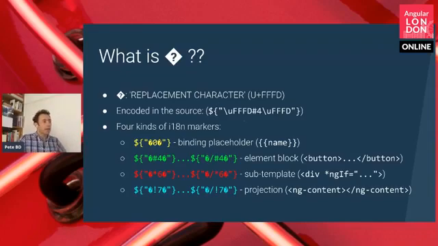And you can see on this slide that there are basically four types of these markers. We've seen the top two already. The first one indicates that there's some kind of interpolation binding at this point. The second one implies that there is an element to be inserted at this point. These elements could be just HTML, or they could in fact be Angular components, for instance.